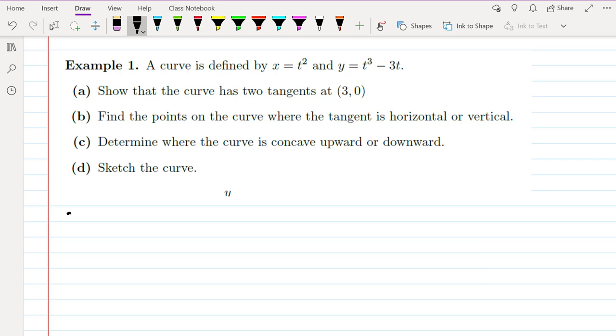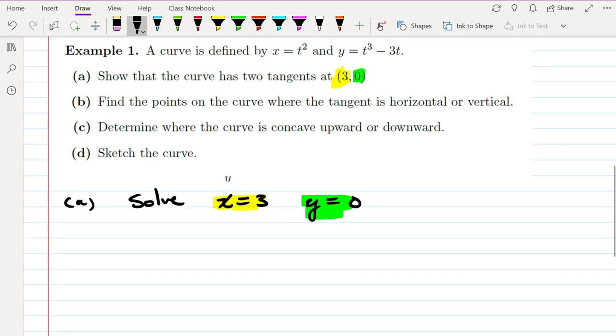So the first thing we need to do for part A is solve the system of equations where we have x is equal to 3 and y is equal to 0. So those are our given points. X is 3 and y is 0. So putting that into each of these equations, we have x is equal to t squared, so 3 is equal to t squared, and in our second equation, we have 0 is equal to t cubed minus 3t.